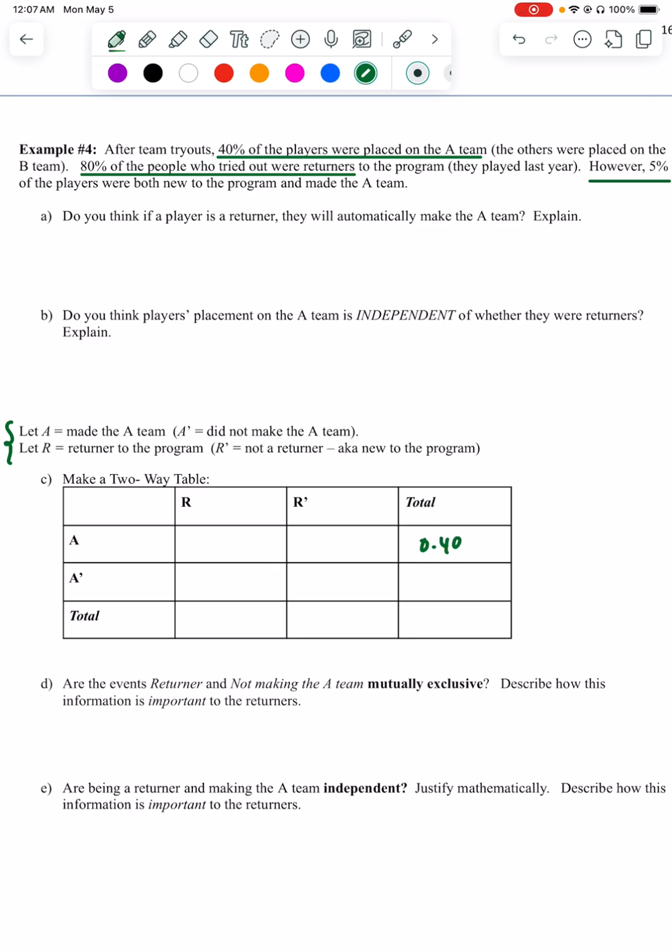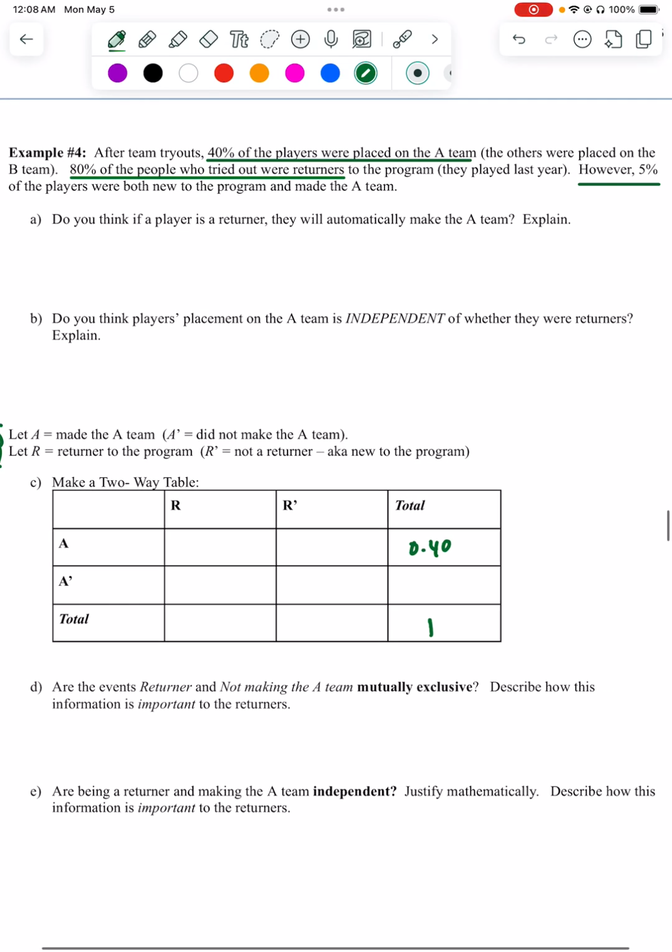And remember, this is going to be 1 here. Now, they said 5% of the players were both new to the program and made the team. So this is 0.05 or 5%. They were new, not a returner, and on the A team, which means returners and A is whatever completes that to 0.40, because these two add up to that.